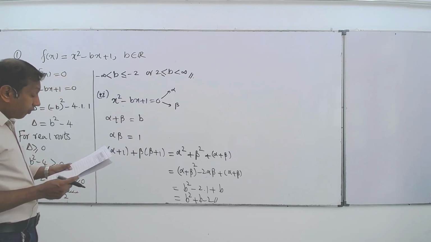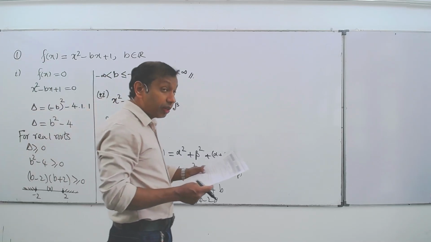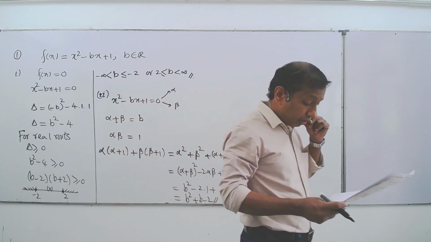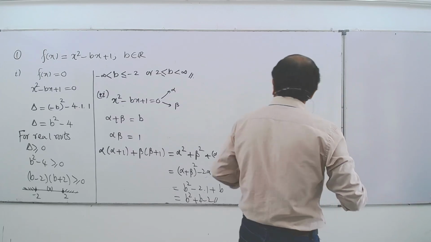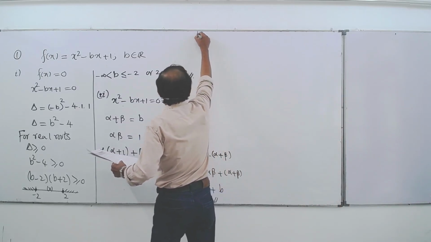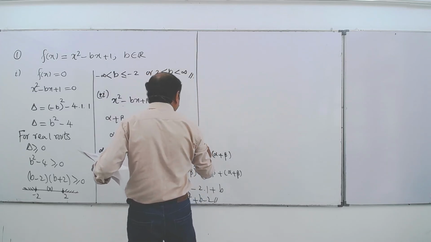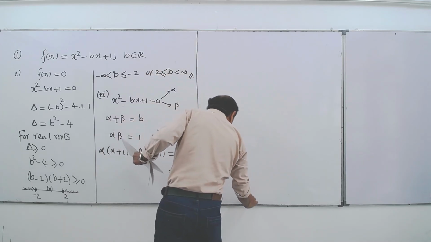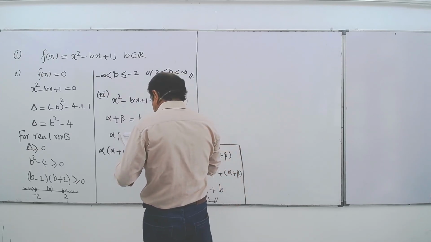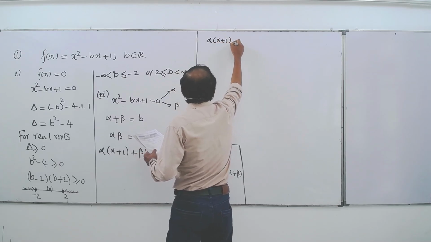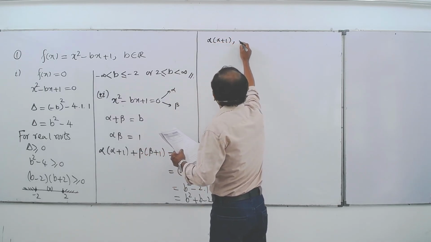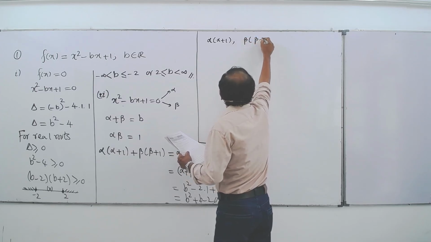Show that the quadratic equation having alpha times (alpha plus 1) and beta times (beta plus 1) as roots is this. Right. The quadratic equation I can write this way. The two roots given are alpha times (alpha plus 1) and beta times (beta plus 1), and their product.